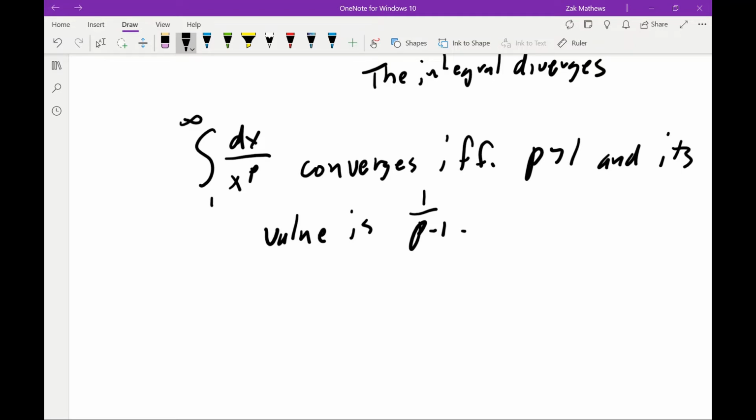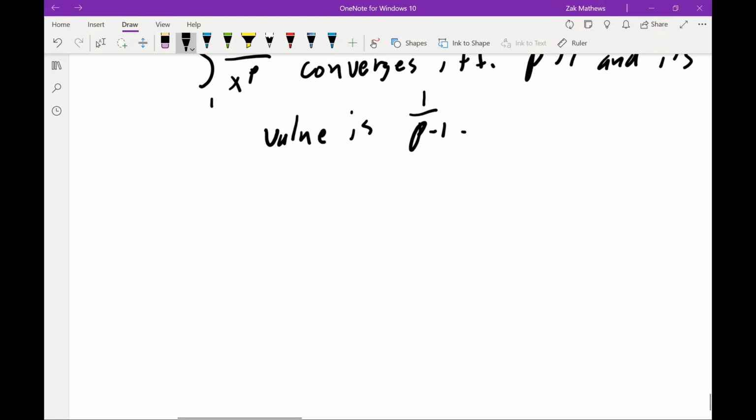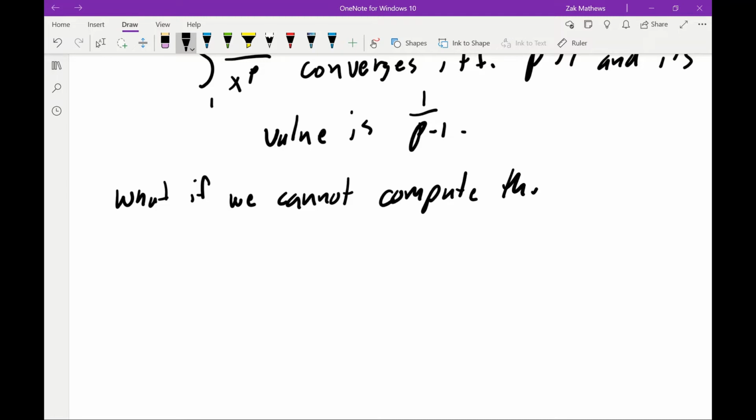And so we can think about problems like this in generality. But what if we can't actually compute the integral? Because there are going to be some problems, like we've already seen, where we can't compute the integral. Well, in these cases, we're going to use some comparison tests to tell us if an integral converges or if it diverges.